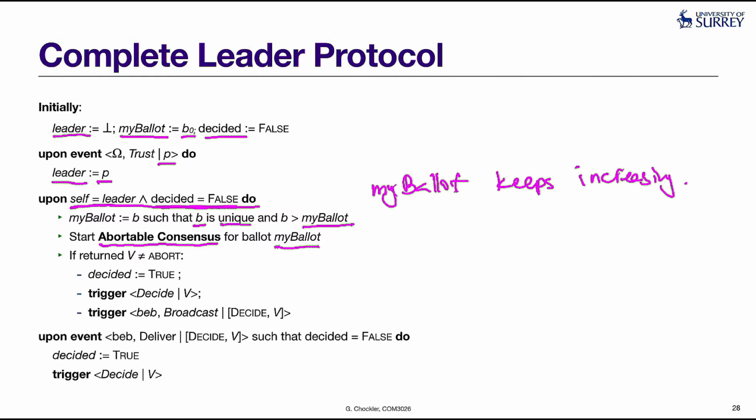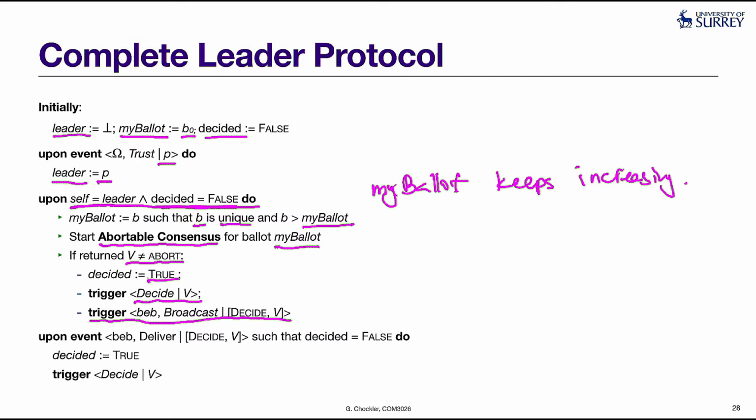But if it does succeed, so if the returned value is not abort, then the leader decides: it sets the flag decided to true, triggers the local decide event, and it also propagates this decision to all other processes so they can learn of the decided value.